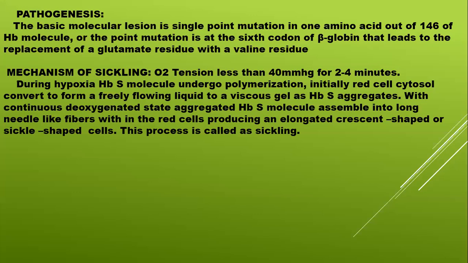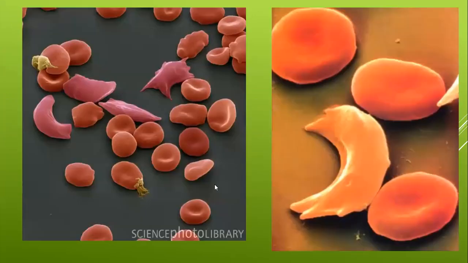With continuous deoxygenated state, aggregated hemoglobin S molecules assemble into long needle-like fibers within the red cell, producing an elongated crescent shape, or sickle-shaped RBCs, and this process is called sickling. This one is the sickled, sickle-shaped RBC.